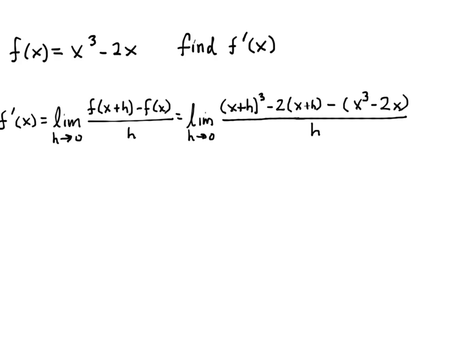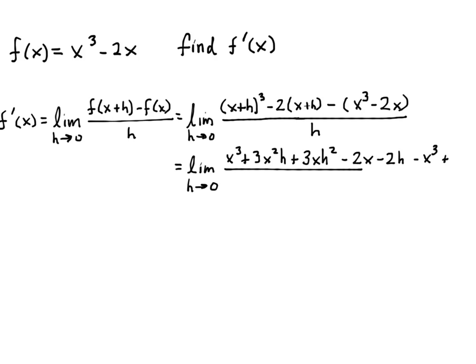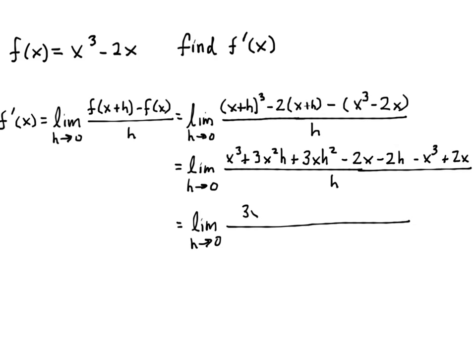With this one I don't end up with a complex fraction, but I do end up with a polynomial that's about as long as the page is wide. Expanding that x plus h, and then distributing the negative 2 and that negative sign in front of my function, I get all my terms. The next step, I'm going to collect all my terms.